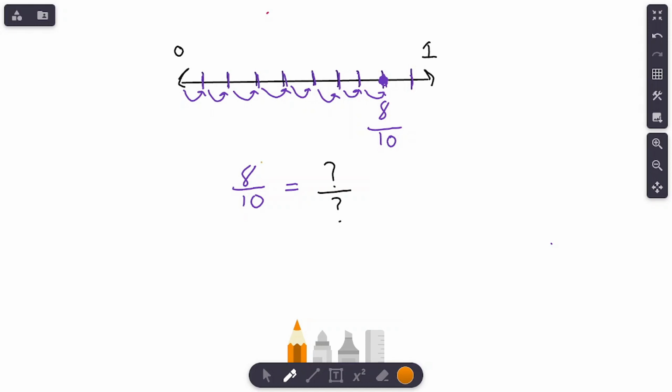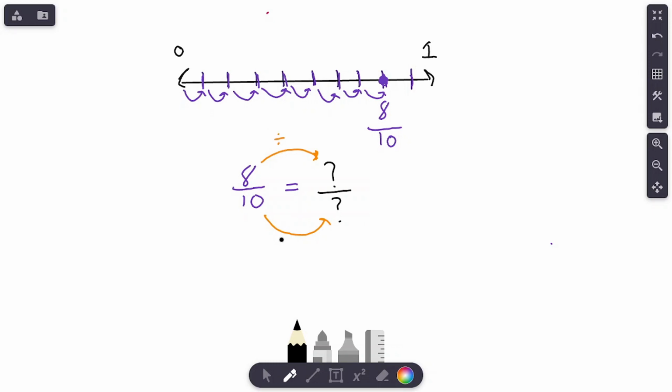What I've talked to you about before, and we did in our previous problem, is we could multiply our numerator and our denominator by any number that we wanted to, as long as they're the same number. But my question is, could we divide 8 and 10?